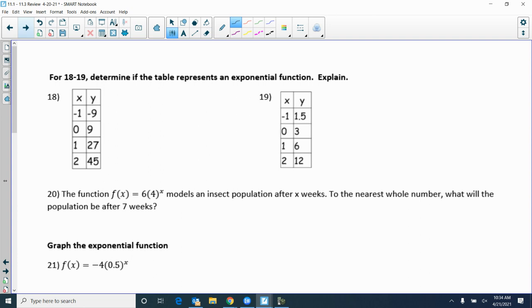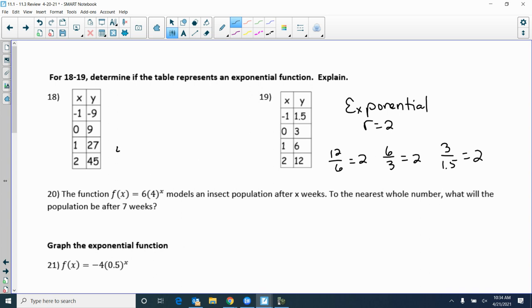So this one is exponential, and R equals 2. If you can't tell, you divide 12 by 6, I get 2. I divide 6 by 3, I get 2. I divide 3 by 1.5, I get 2. As long as I get the same number, I'm okay.